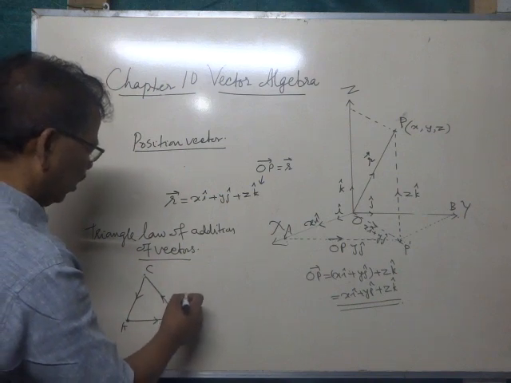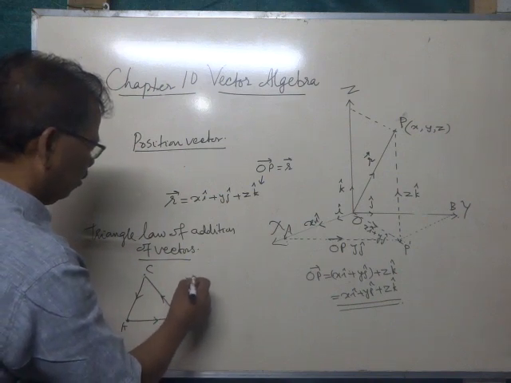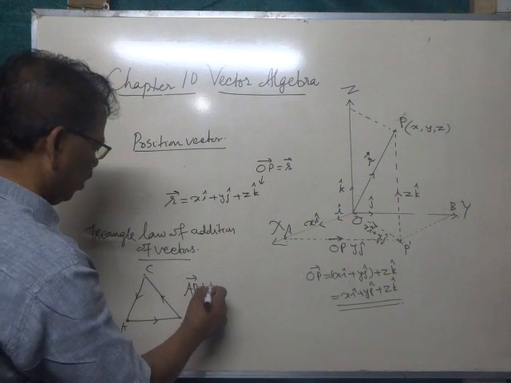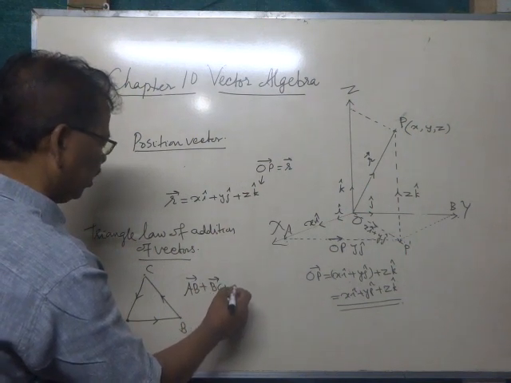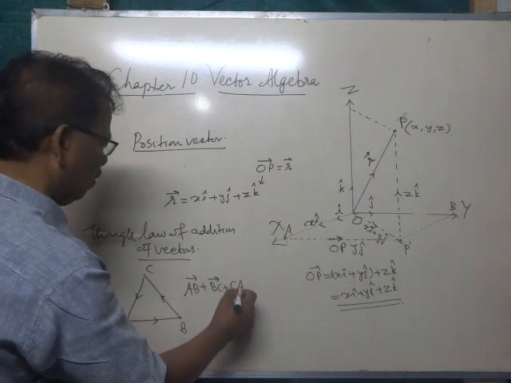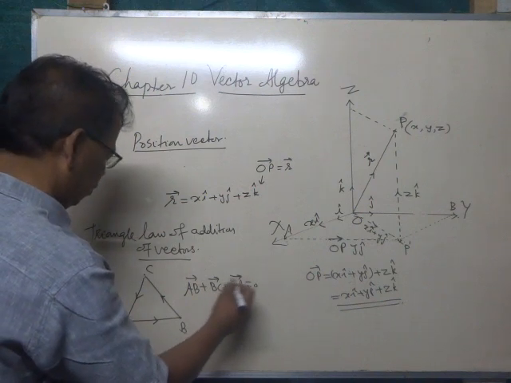Therefore, we can write vector AB plus vector BC plus vector CA equals 0.